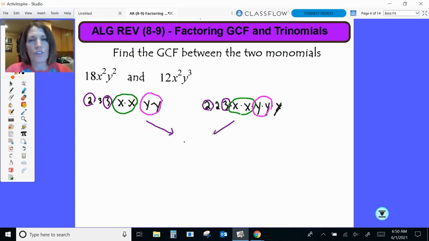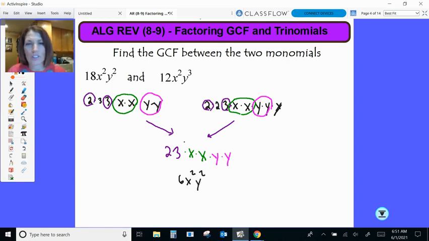For our GCF, we would have a 2 and a 3, an x and an x, and a y and a y. So altogether, our GCF would be 6x squared y squared, between the two.